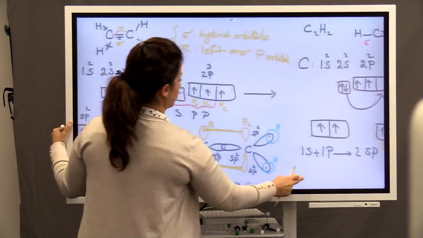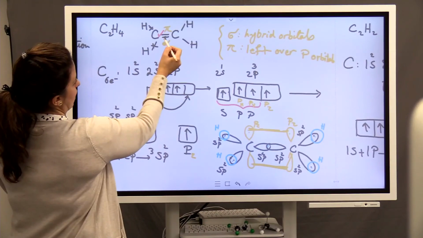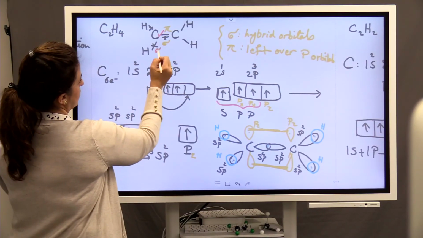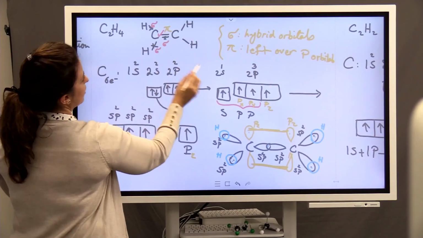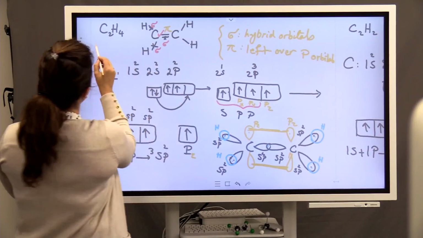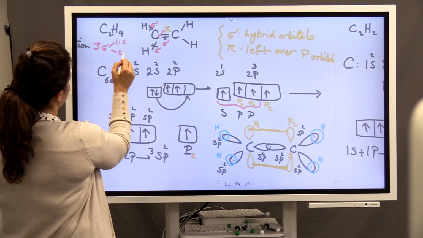And I guess we forgot to determine it for this molecule. We have how many sigma bonds around each carbon? 3, right? 3 sigma. So we have 3 sigma, 1 for s, 2 for p.